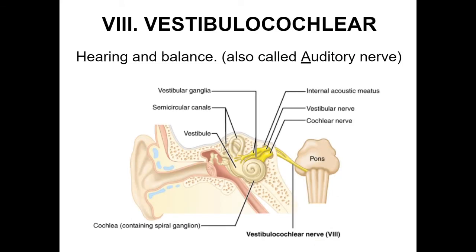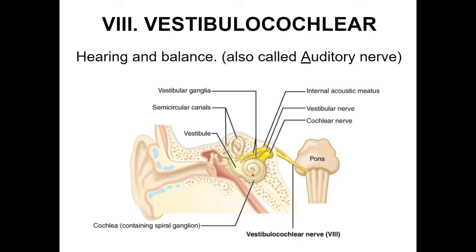Nerve number 8 is your vestibulocochlear, and this is used in hearing and balance. So it connects to your ears. In particular down here you can see it connects to the inner ear, which helps to control both your hearing and balance.